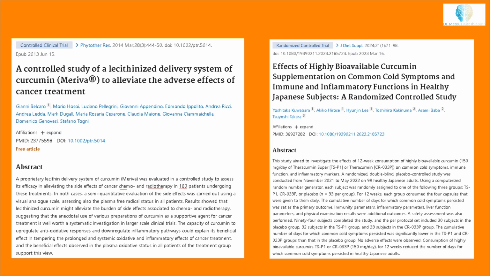Sometimes we want to cause oxidative stress in the tumor. We use oxidative stress to kill tumor cells. It is one of the treatment strategies. And if you give a substance that diminishes oxidative stress, like curcumin, sometimes it might not be beneficial to that particular patient. Other patients with cancer might benefit from this intervention.